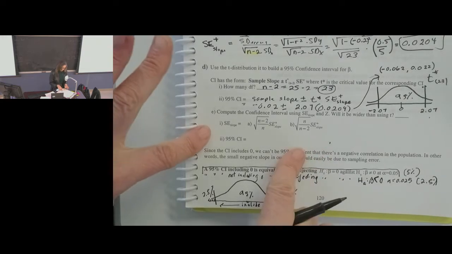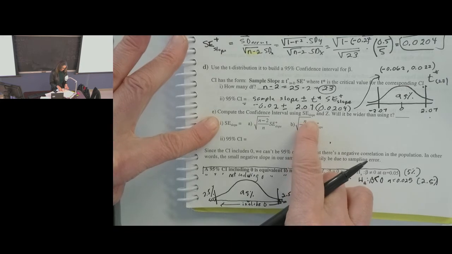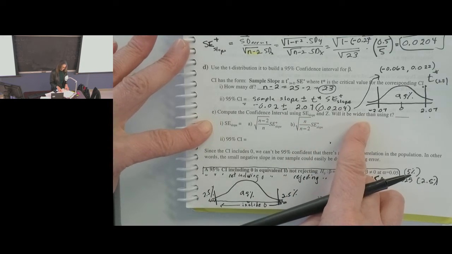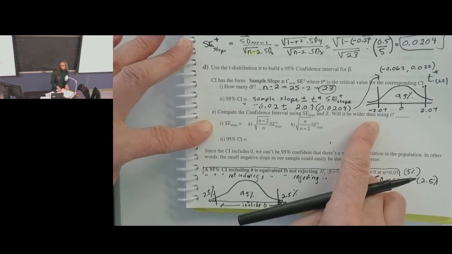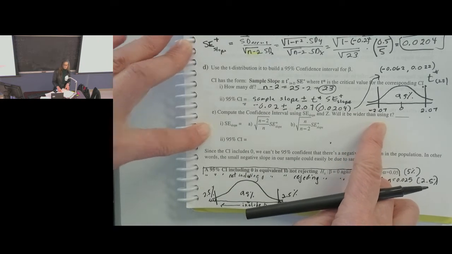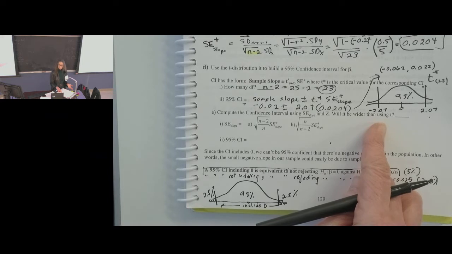All right, now, compute the confidence interval using the standard error of the slope and z. First question: will the confidence interval using z be wider than using t? Would the confidence interval be wider using z or narrower?